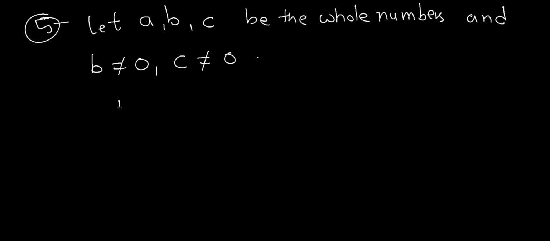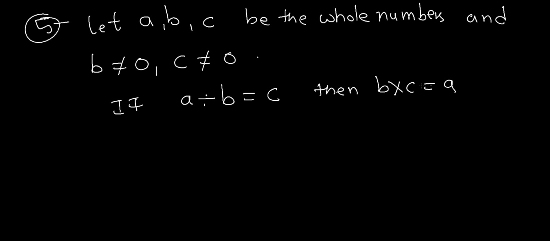Then if A divided by B is equal to C, then B into C is equal to A. That's the relation. One means division, the other way around, we can describe it in multiplication also. So like 12 by 4 equals 3. So 4 into 3 equals 12.